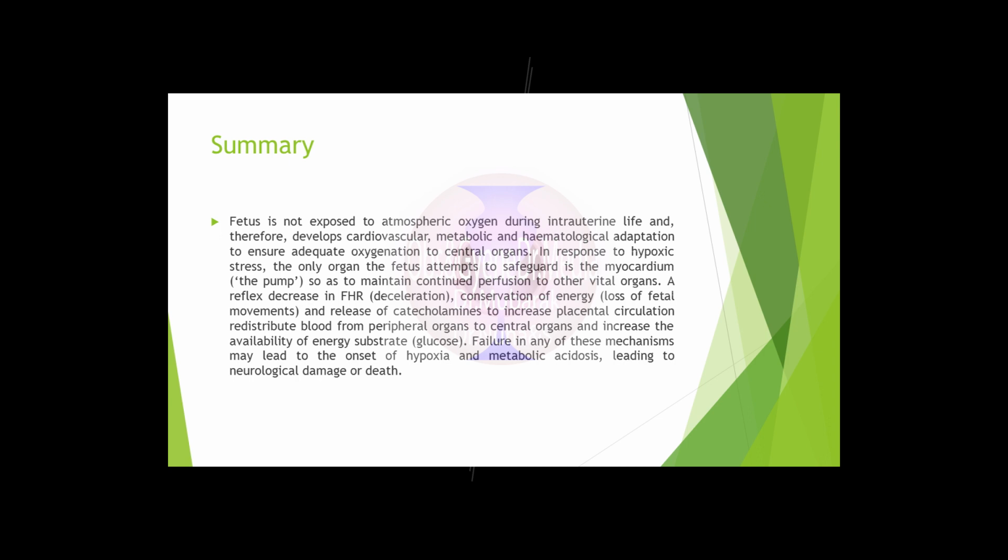A reflex decrease in fetal heart rate, deceleration, conservation of energy, loss of fetal movements, and release of catecholamines serve to increase placental circulation, redistribute blood from peripheral organs to central organs, and increase the availability of energy substrate glucose. Failure in any of these mechanisms may lead to the onset of hypoxia and metabolic acidosis, leading to neurological damage or death.